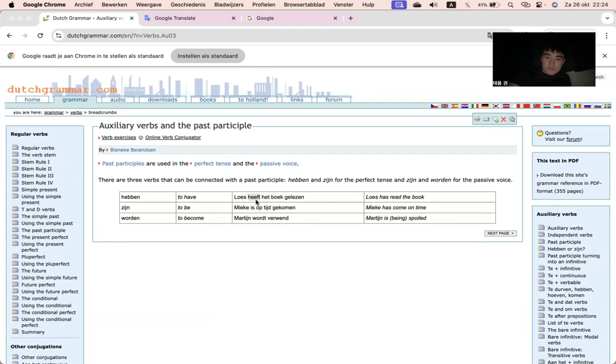I guess heeft is an auxiliary verb, so it comes right after Loes. Loes heeft het boek gelezen. Loes has read the book. Mieke is op tijd gekomen. Mieke has come on time. Martijn wordt gewend. Martijn is being spoiled.